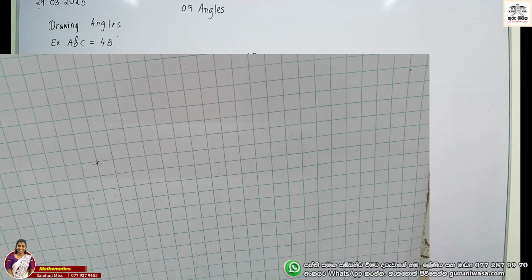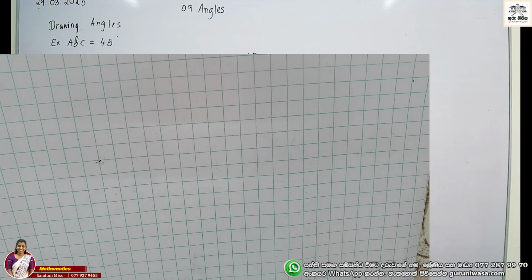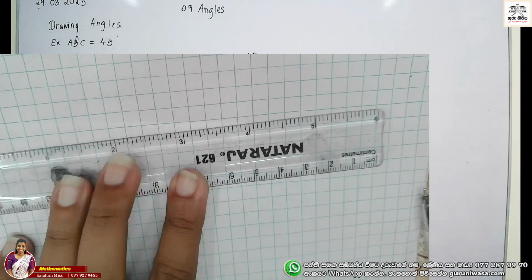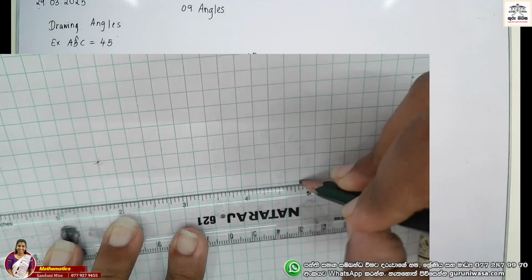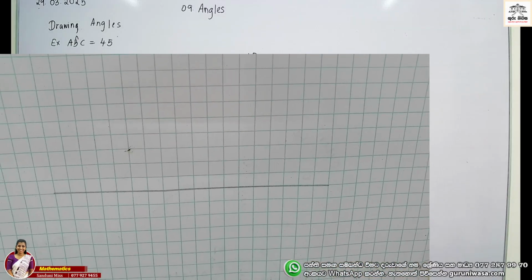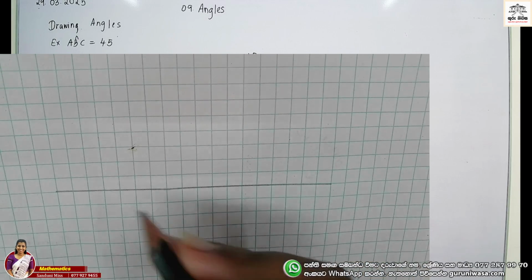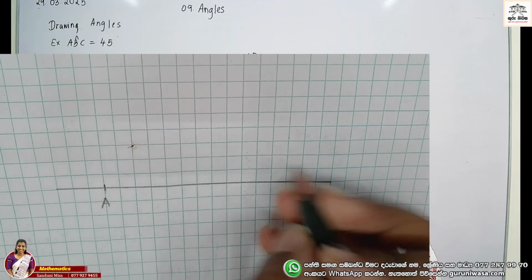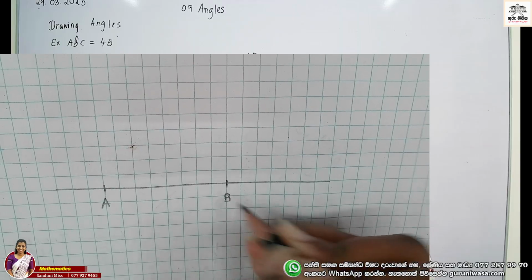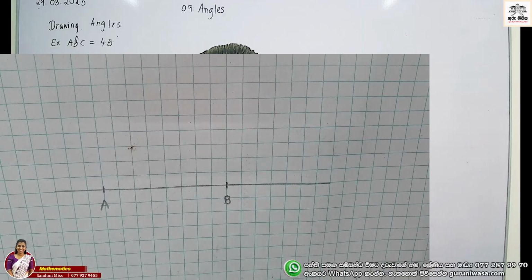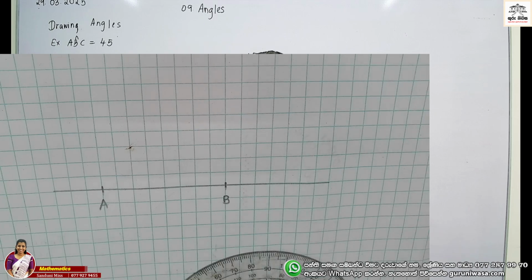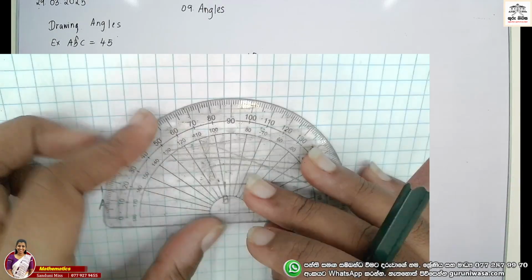Okay, right. We'll see. First you have to draw a straight line, and then we'll mark it A, B. Right? Then place the protractor on B. A or B, no problem, so we'll take B. So how do you place it?